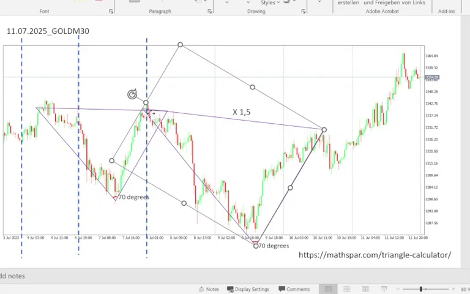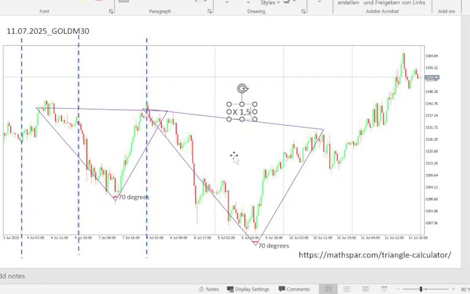Another interesting thing is that when we see the same triangle repeating in a very short period of time, one after the other, the next one is either 1.5 times higher or smaller.